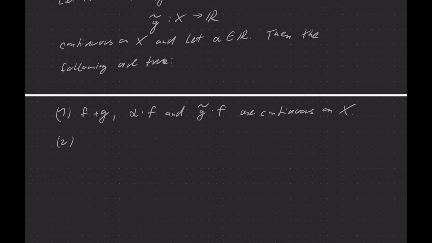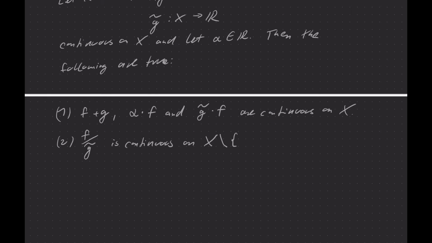Second, we can also divide functions, and of course we did not define a vector division. That cannot be defined usually, but we can divide a function by a real value function. So a function like f divided by g tilde is continuous on the domain X, with the exception of X values where g tilde assumes a value of 0.